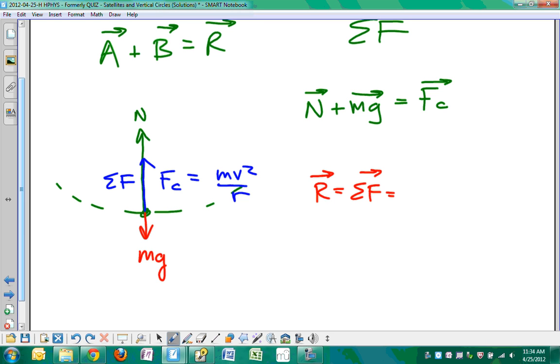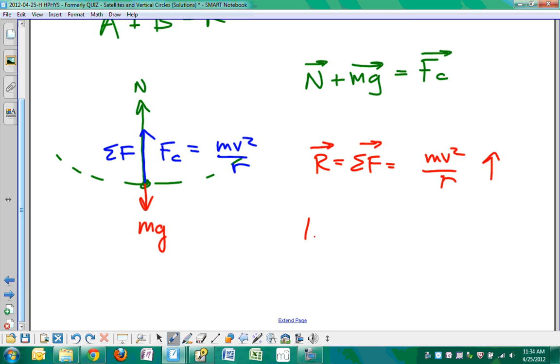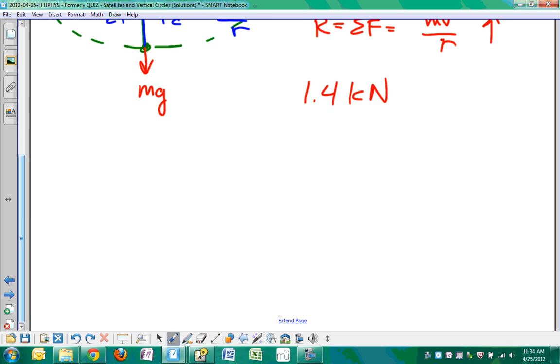And that's going to be an upward force of mv squared over r, okay? So if you solved for that and did it correctly, you got 1.4 kilonewtons, okay? And if you solved for the green vector, which is probably what most of you thought you were solving for, you got 2.1 kilonewtons, okay?